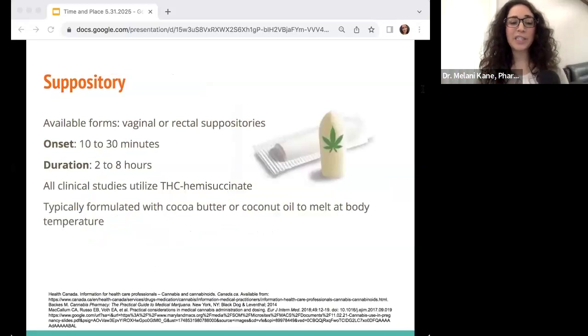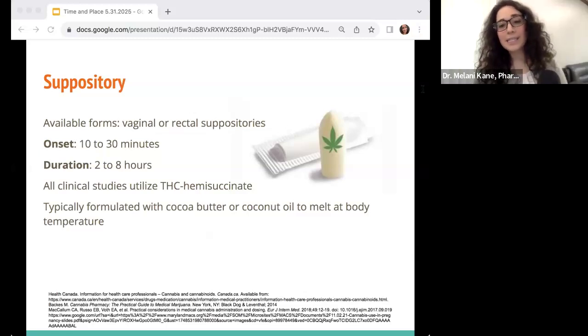So these next formulations I consider to be more local. Based on the studies that are available, we don't really see systemic toxicity, which is one way of determining if we're having good bioavailability. So we don't really see the systemic toxicity with suppositories or topicals. So for suppositories specifically, when you look at all the rectal suppositories, they all use this prodrug, THC hemisuccinate. So it's a prodrug.